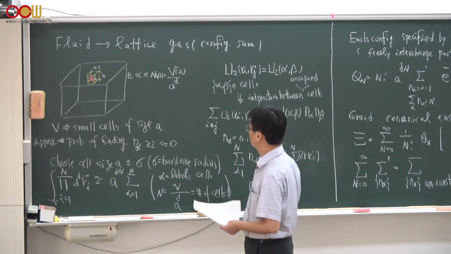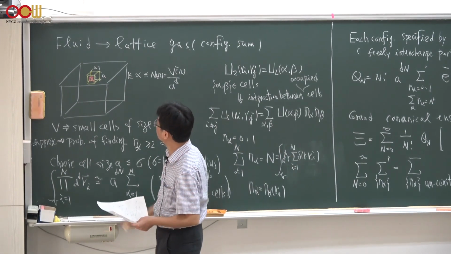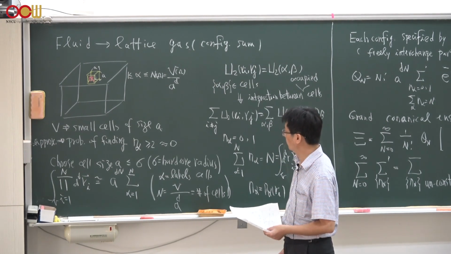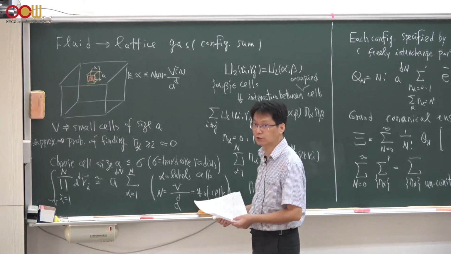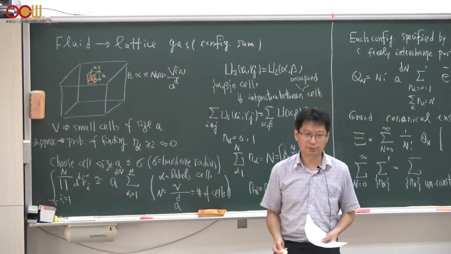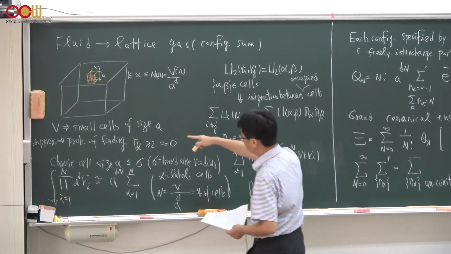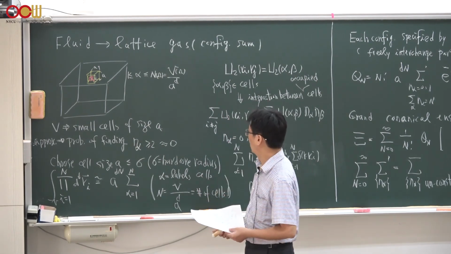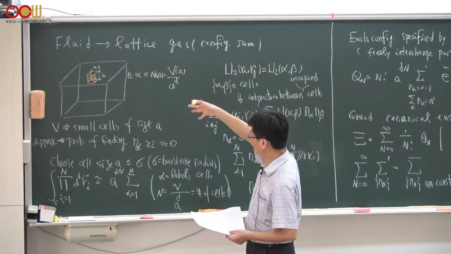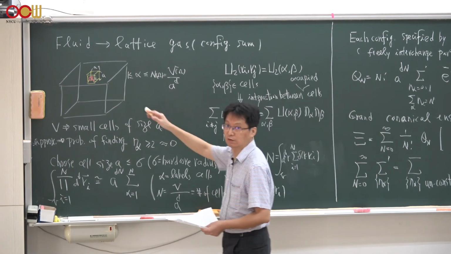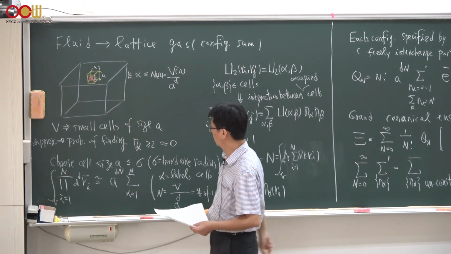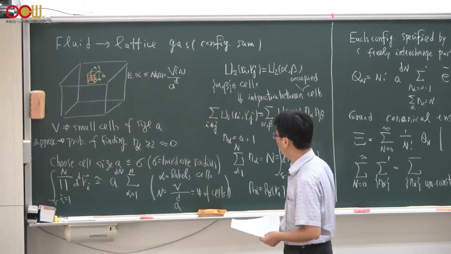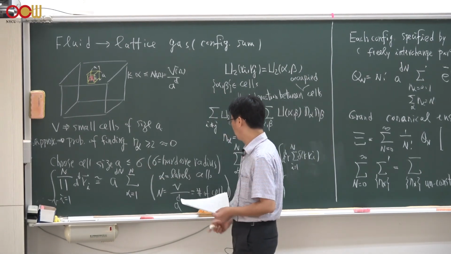We consider the volume of the fluid to consist of many unit cells with the radius a, and within each little cube or unit cell, we can have at most one particle populating there. This is the same hardcore condition that we assumed previously. We equally partition the whole volume into these little unit cells, and we choose the unit cell with the size a, which is less than the hardcore radius.